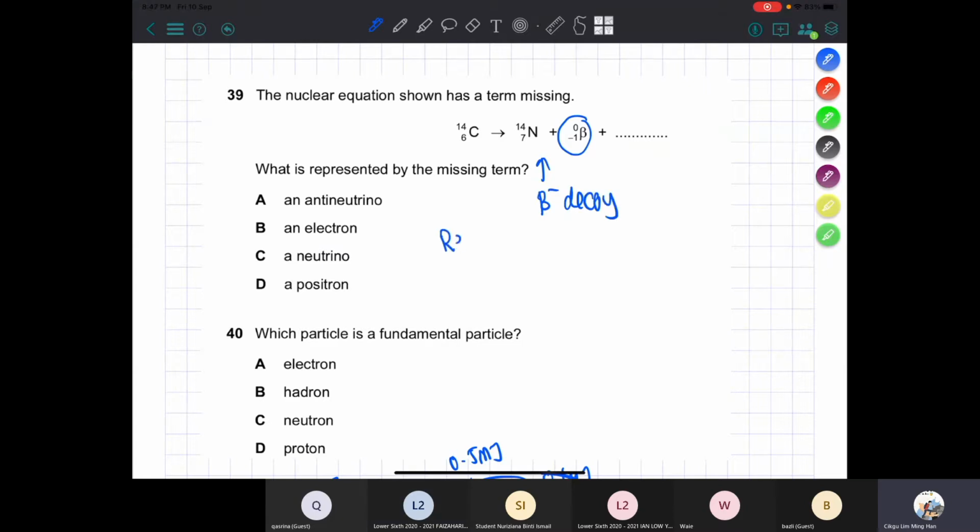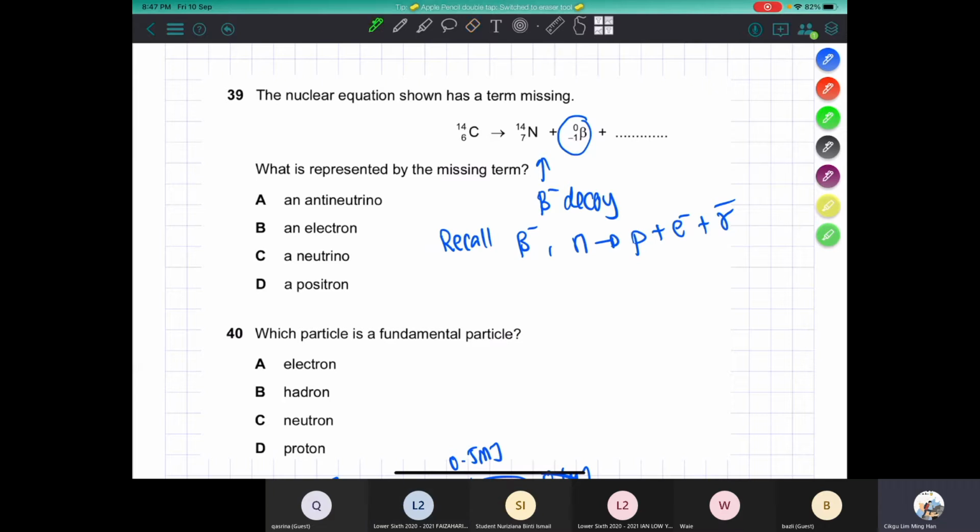So you need to recall that for beta minus, a neutron becomes a proton plus an electron plus an anti-neutrino. So the answer will be anti-neutrino. Yeah, A will be the answer.